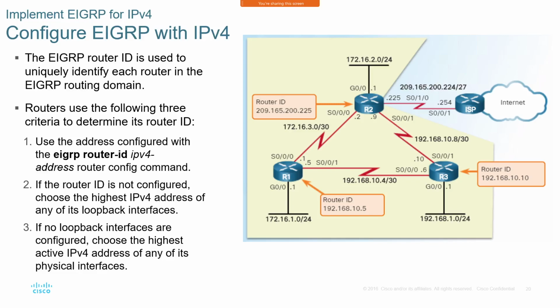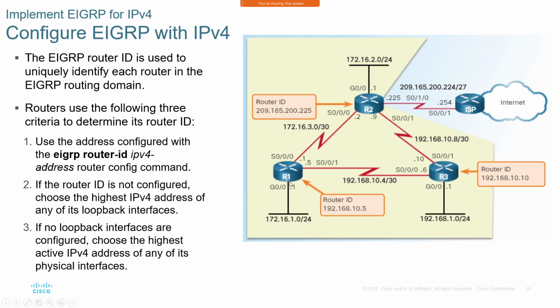The router ID looks like an IPv4 address because if we don't configure the router ID manually with the command router-id, the router will assign itself a router ID automatically based on the loopback interface which is active, or the highest IP address if there's no loopback address, on any active IPv4 interface. In this example here, we actually have the scenario where the router ID is not configured in router 1.